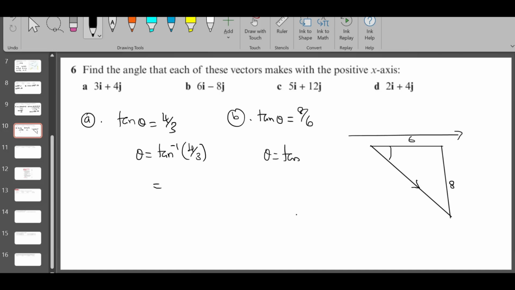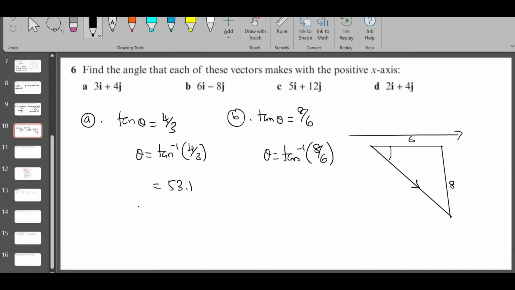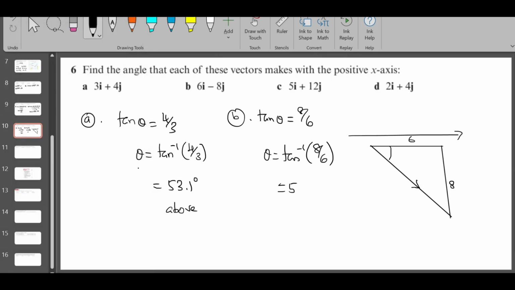Theta is tan inverse of 8 over 6, but below the x-axis. For the first one, it's tan inverse of 4 over 3, that's 53.1 degrees above the x-axis. Here, tan inverse of 8 over 6, that's also 53.1, but it's 53.1 degrees below.